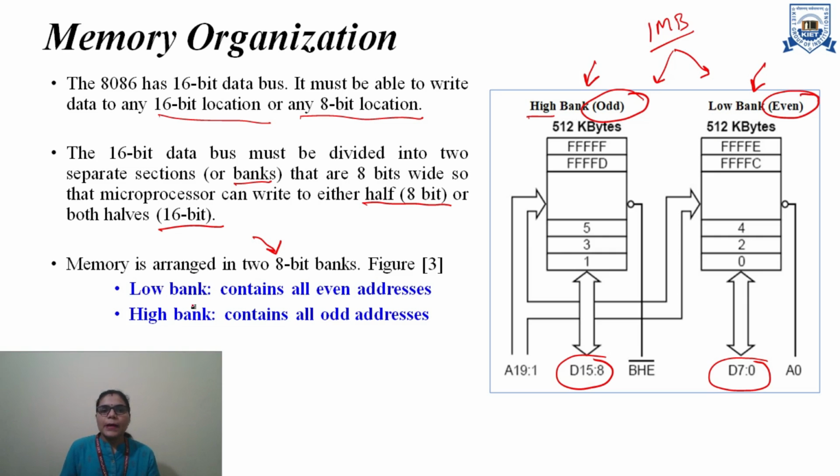The lower bank contains all even addresses and the high bank contains all odd addresses. So address 0, address 2, address 4 are in the even address set and address 1, address 3 and address 5 are in the odd address set.